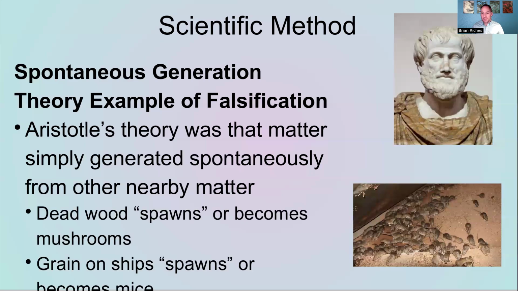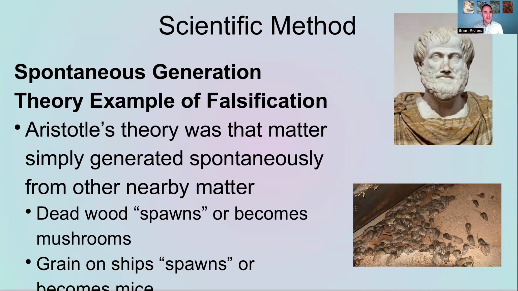They saw things like dead wood becoming mushrooms. It looked like the dead wood spawned the mushrooms. They saw grain on ships disappearing, and suddenly mice appeared. So the grain maybe became mice. Spontaneous generation was their explanation for the data and the observations that they had.